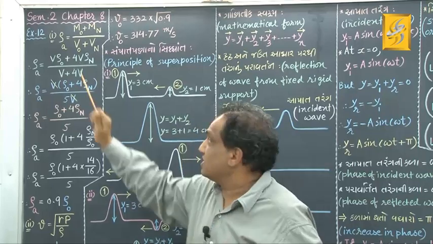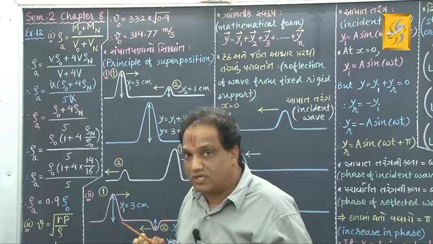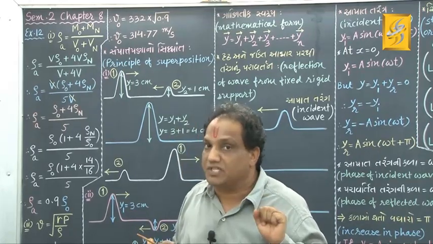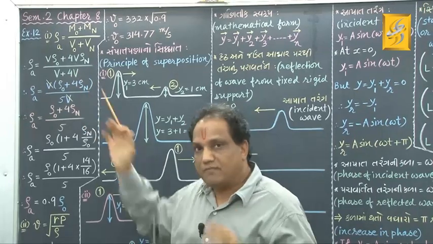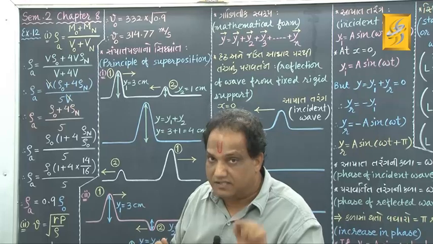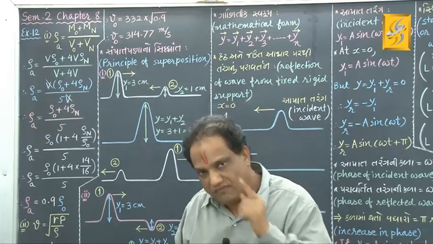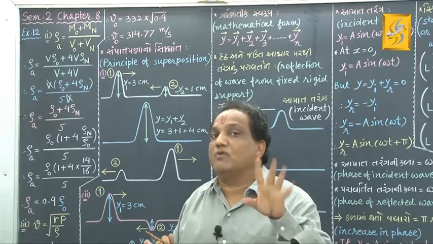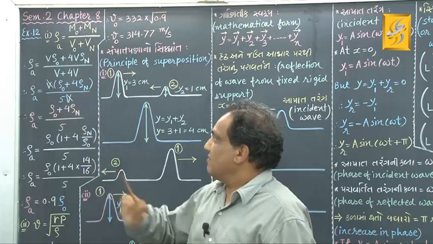Come on, volume of oxygen, we have taken capital V, and volume of nitrogen, it is 4 times the volume of oxygen, 4 times V. So I am writing here 4V, correct? Because the proportion of oxygen and nitrogen gases is 1:4. That's why. If volume of oxygen is V, then volume of nitrogen would be 4 into V. Simple. Now simplify.